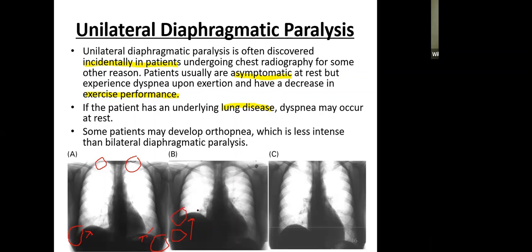You don't see the normal expansion of the chest. The left side is normal, and you can see the costodiaphragmatic angle is normal. However, the size of the left lung is massively decreased as opposed to the normal one.